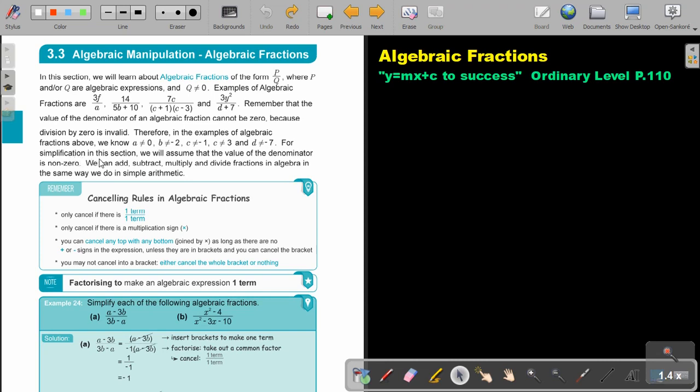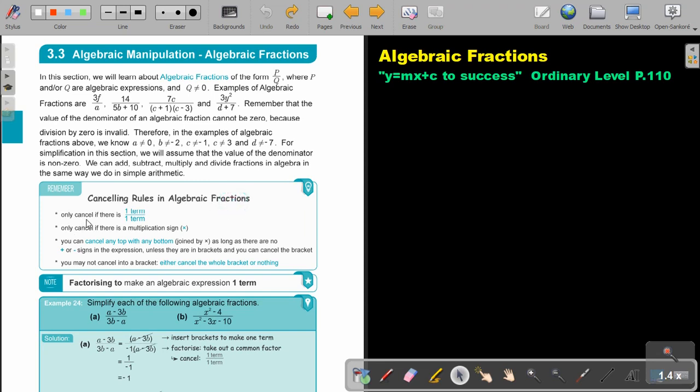For simplification in this section, we will assume that the value of the denominator is non-zero. We can add, subtract, multiply, and divide fractions in algebra in the same way we do in simple arithmetic. Okay, a few cancelling rules in algebraic fractions.